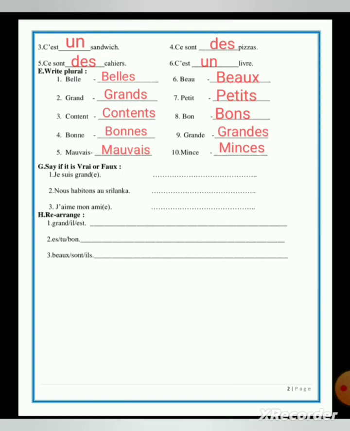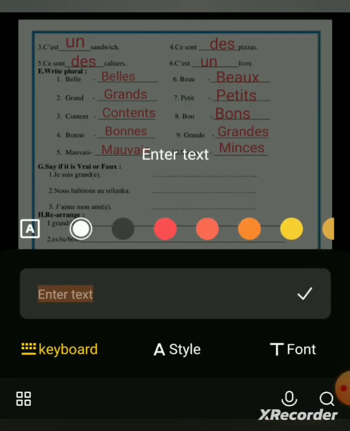Okay. Come to the G part. Say if it is vrai or faux. Vrai means true. Faux means false. So question number 1 is je suis grand. For masculine, and E is written in brackets, means for feminine it will become grande, right? So I am tall or I am big.